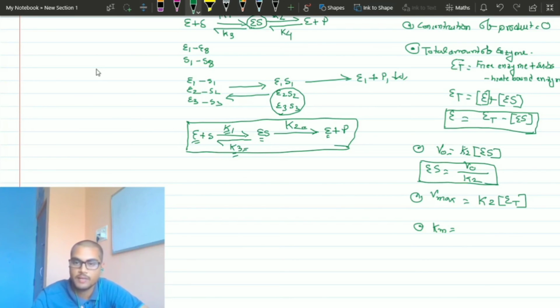That means according to the Michaelis Menten equation, the constant will be the dissociation rate constants divided by the association rate constant. So here the dissociation rate constant is K2 plus K3, divided by K1. So this is the rate constant of Michaelis Menten.